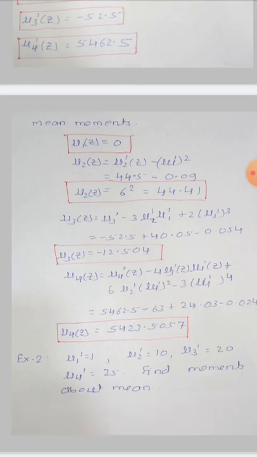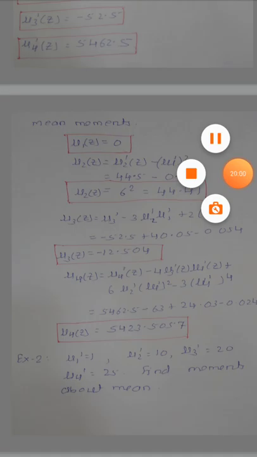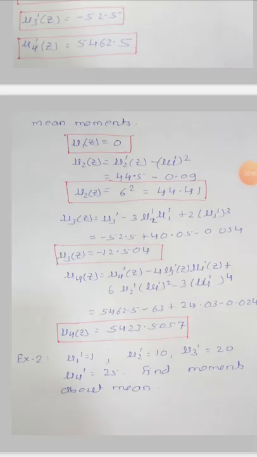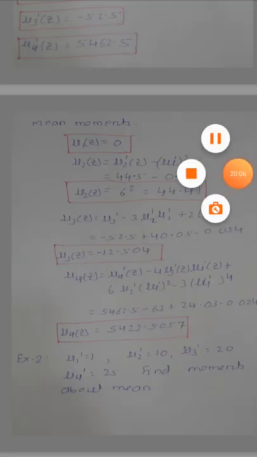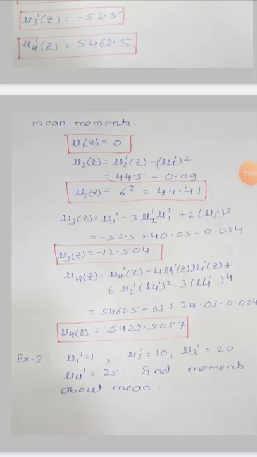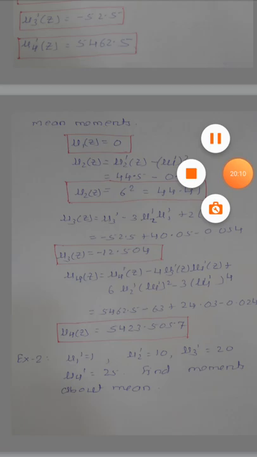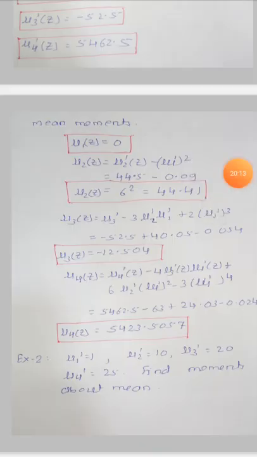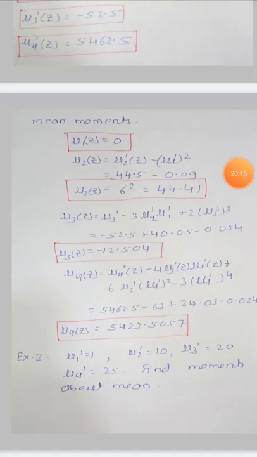Now this is about moments. Now let us see what are mean moments. The first mean moment mu 1 of Z is equal to 0.